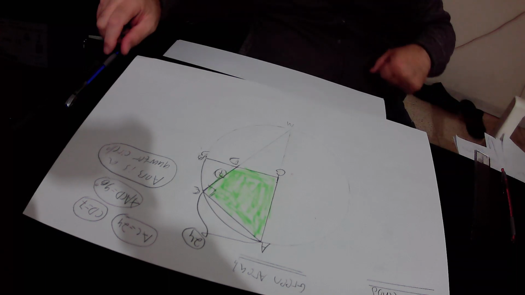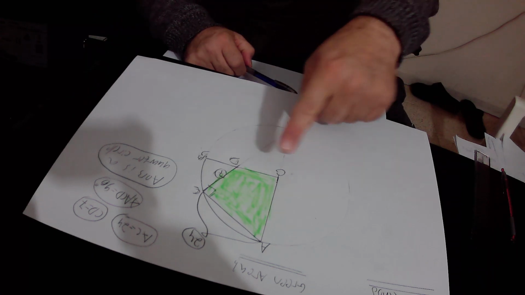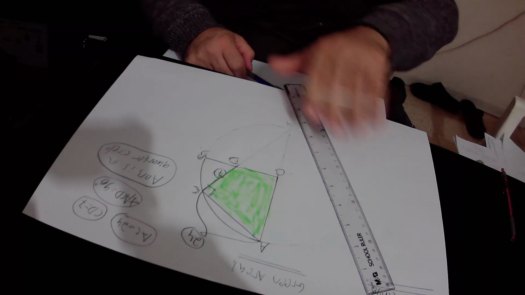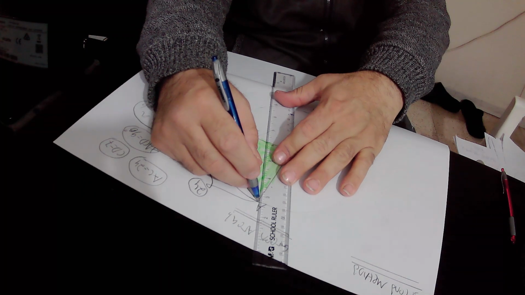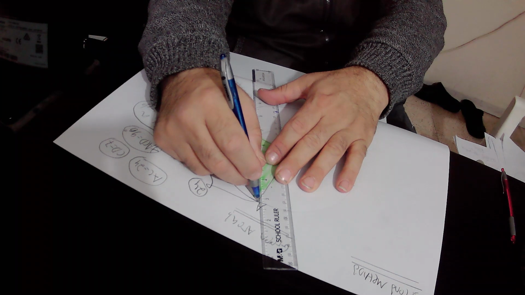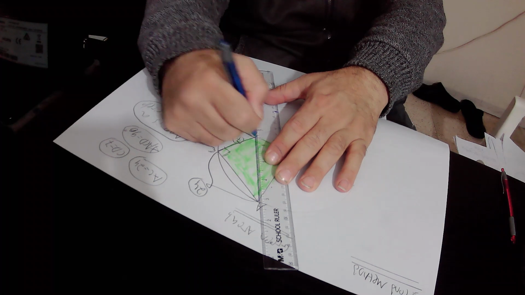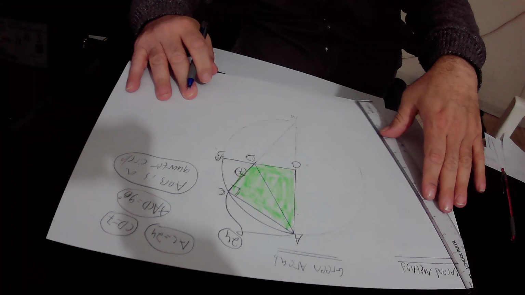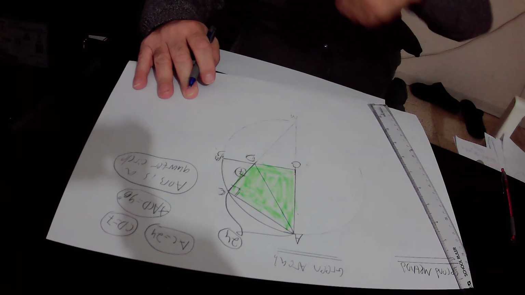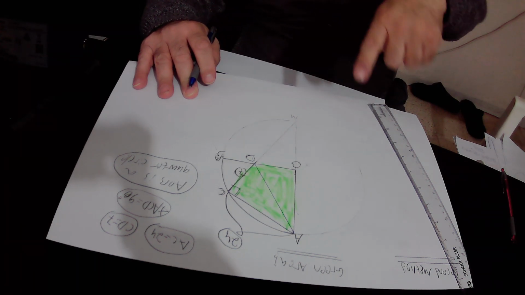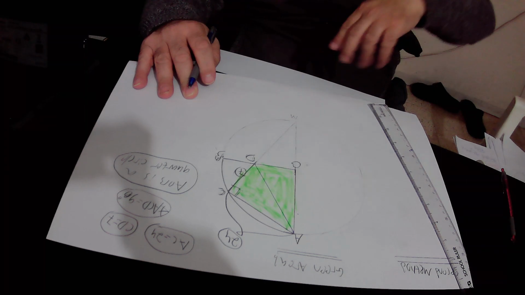In the second method, we'll join points A and D together by a straight line. By joining points A and D, we created the right triangle ACD. So I copy the right triangle ACD and we find the length of the hypotenuse AD.